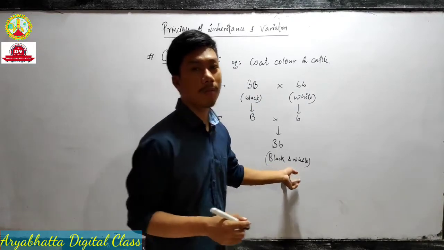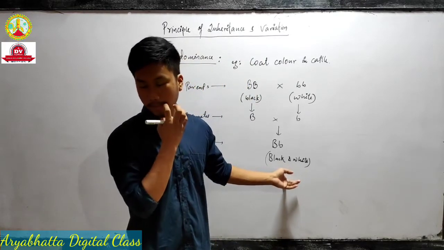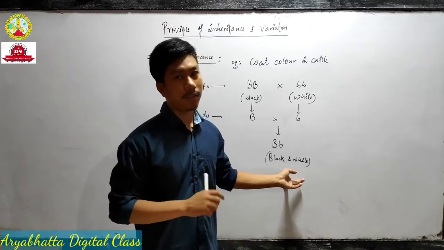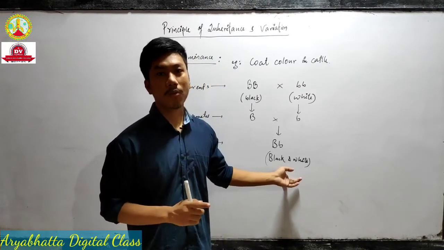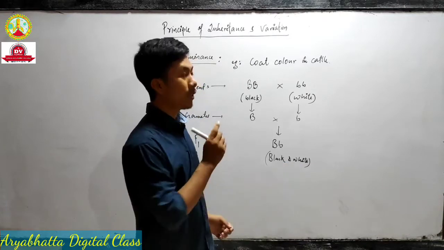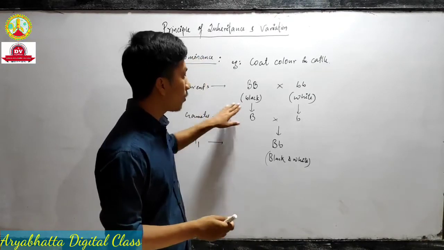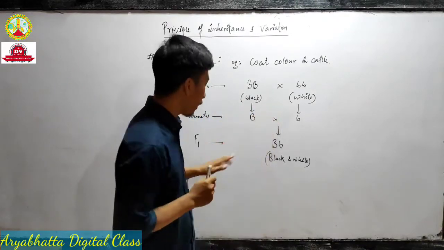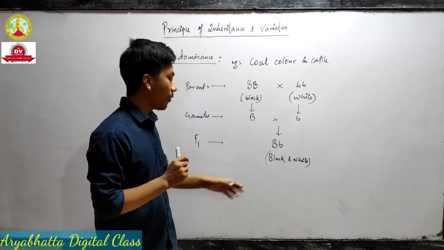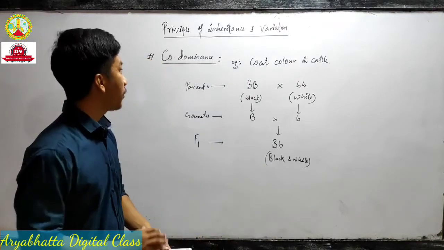That's why it is said that Mendel's law of dominance is not universally applicable. Why is it not universally applicable? In some cases, the law of dominance does not show its visible effect, as in incomplete dominance and in codominance, right? So what you need to remember is that when we cross black and white, the result that we get in F1 is black and white, not black. Okay, so this is the example of codominance.